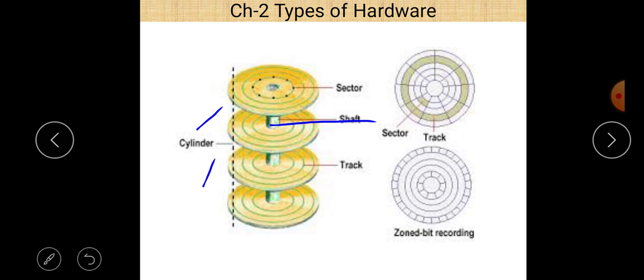You can also get a second cylinder, if you add the second track of the first platter, the second track of the second platter, and the second track of the third platter. So you are also able to get a cylinder. So this is the diagram of a hard disk.